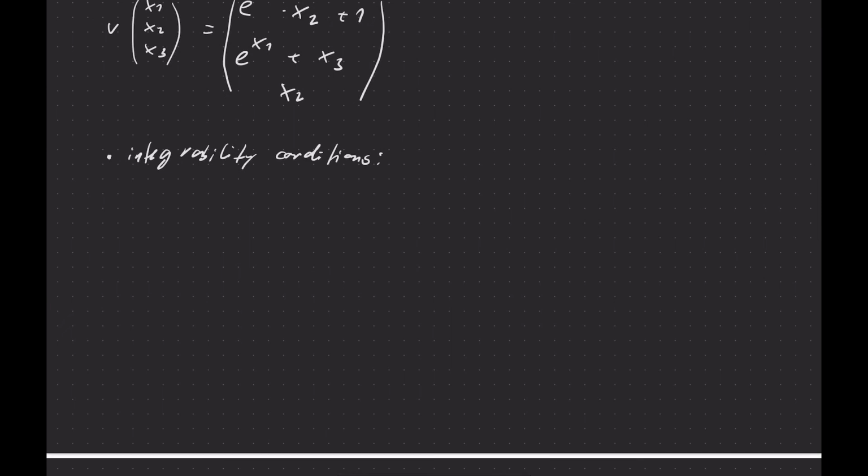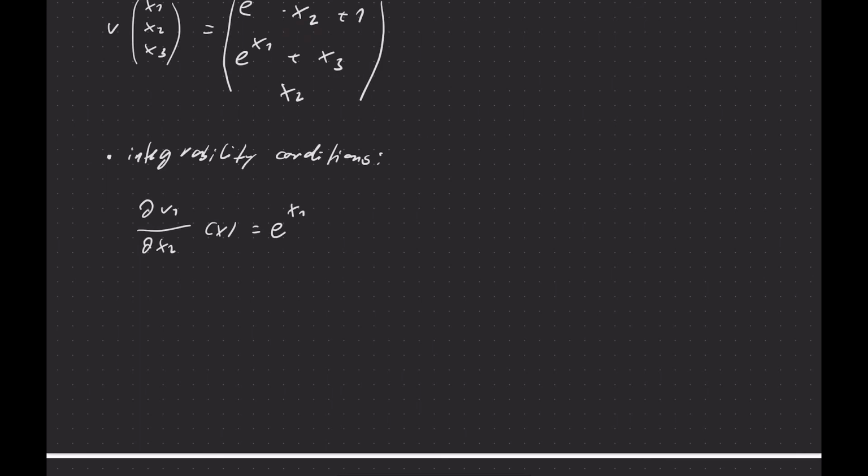So first, let's start with dv1/dx2 of x. So we differentiate the first coordinate, this expression here, with respect to x2. x2 only appears here, so what we get is e^x1.